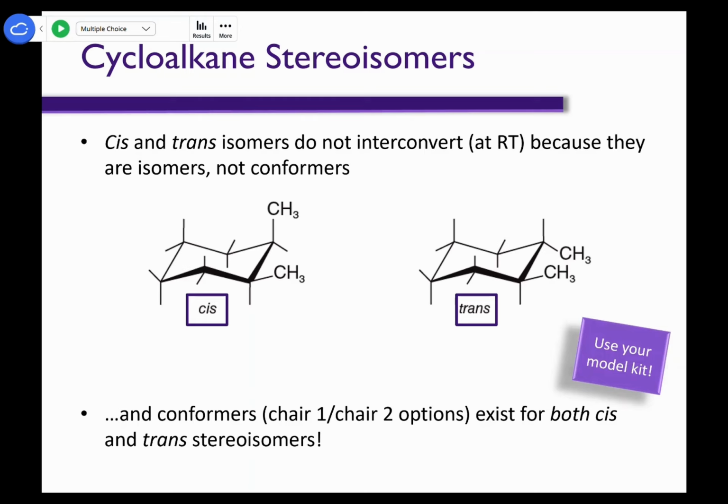When we're looking at up to down, right now I have my molecule in a cis isomer. If I look at this carbon here, I can see that my interesting substituent is up compared to the other substituent. So this would be my up axial and down equatorial.